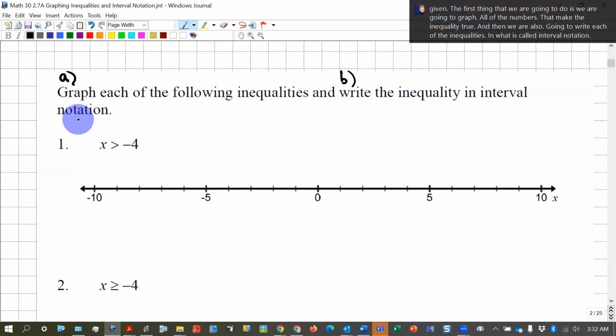And you probably have not used interval notation before. But first, we're going to go through all of these examples and graph them. And then we're going to come back later and write them in interval notation. So for right now, we're just going to do the graphing.